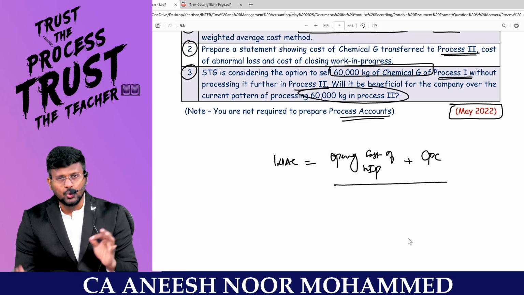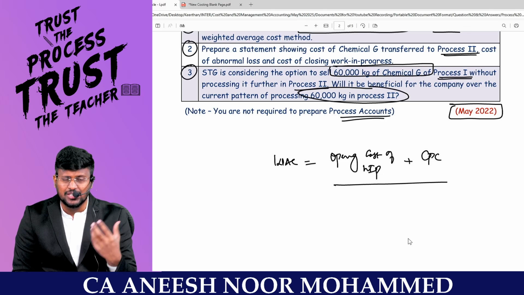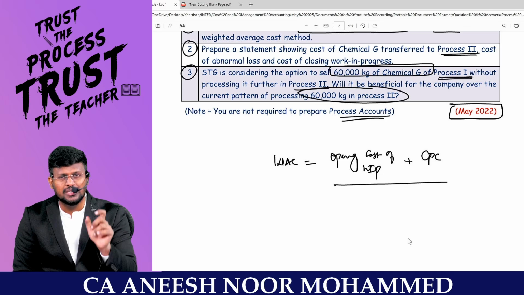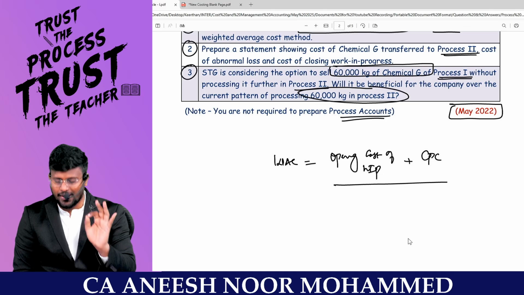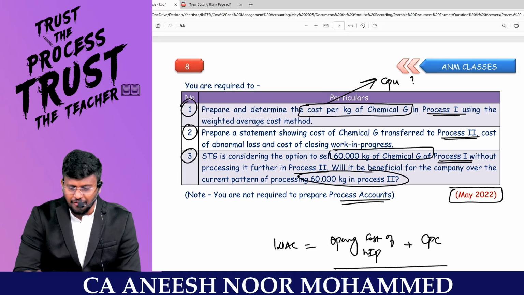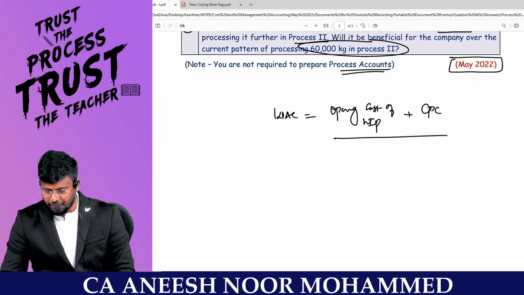Correct? So total cost divided by total number of units, but all the units have not been fully completed. So I can't take the total number of units. There I have to apply the equivalent units. I have applied. So the first part I have done, I have found out the cost per kg of chemical G. Fantastic to the core.